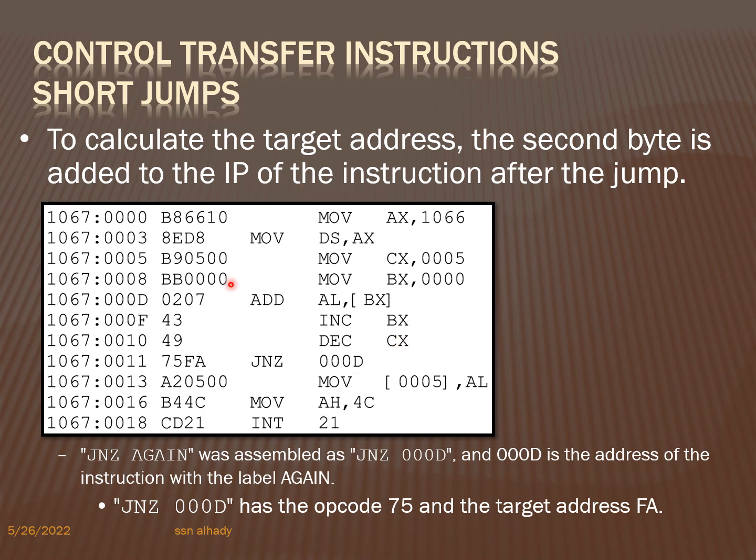If you look at jump non-zero, why do we put 000D? Jump non-zero is 000D.